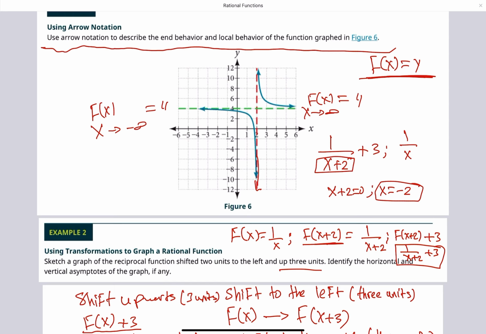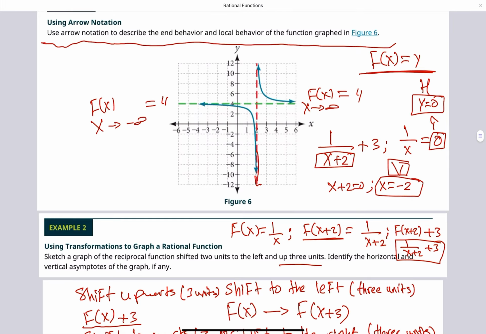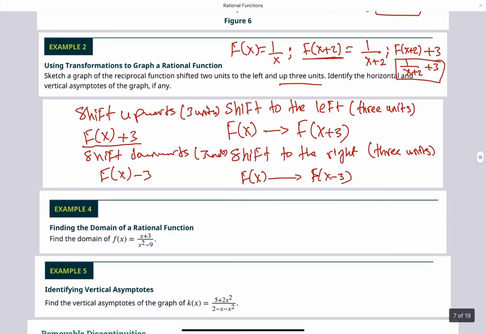If this approaches negative infinity, we're going to get 0, and positive infinity, 0. So it's the y value equals 0. This is your horizontal asymptote. I'm going to call it h. This is your vertical asymptote, which is simply v. And it's that simple. Okay? Let's move on to the next question.